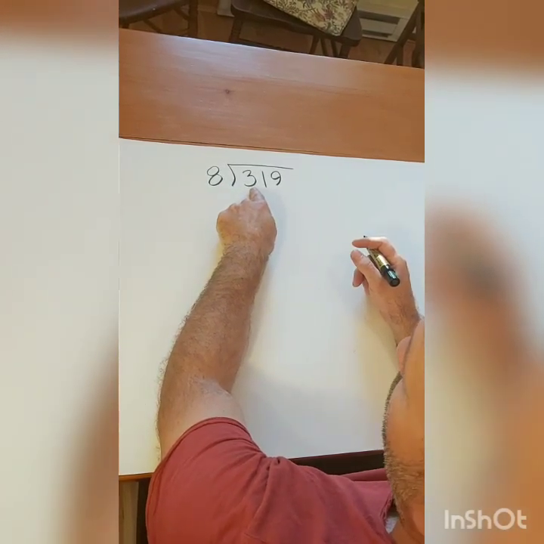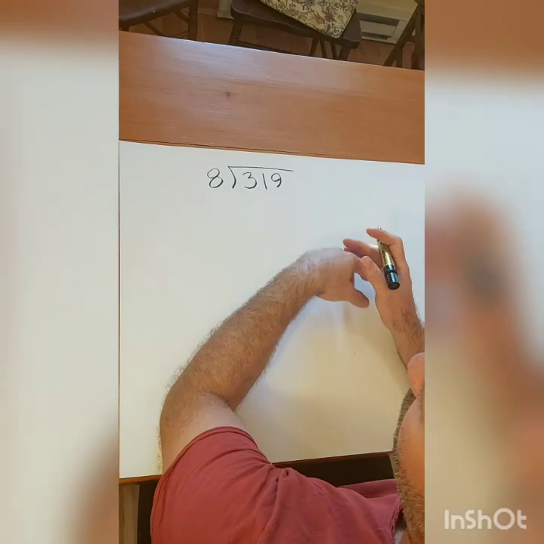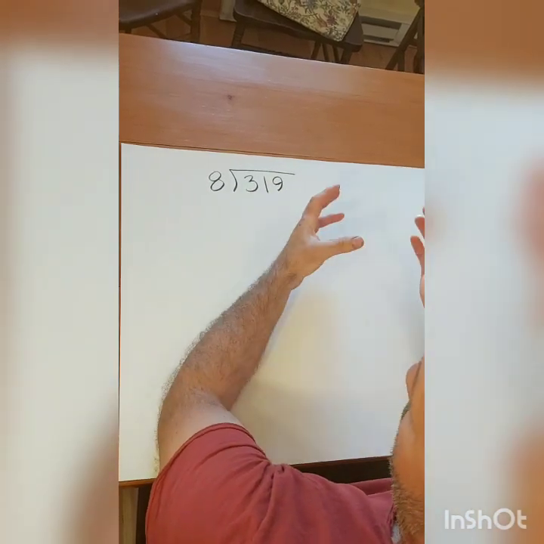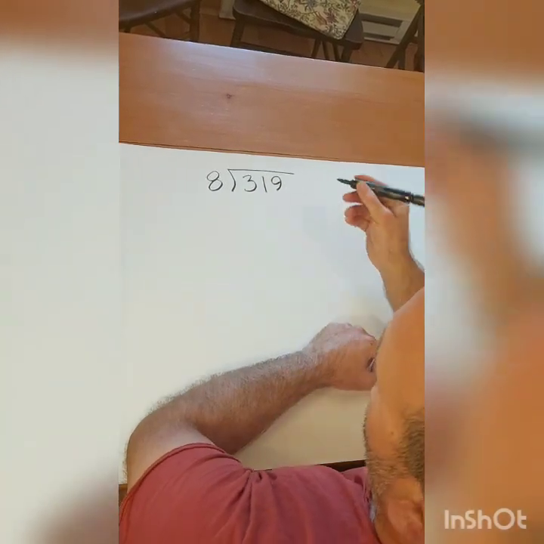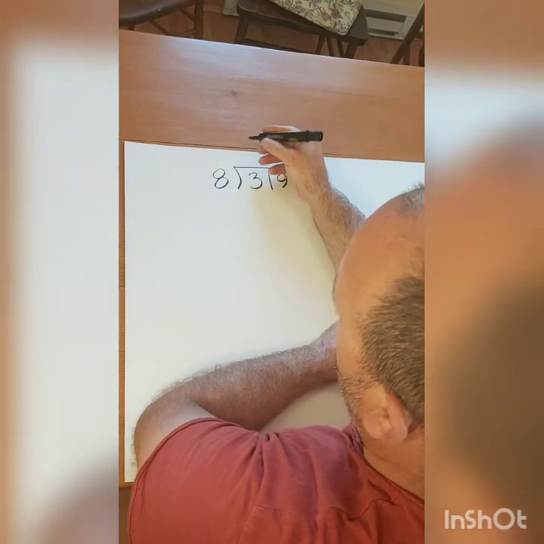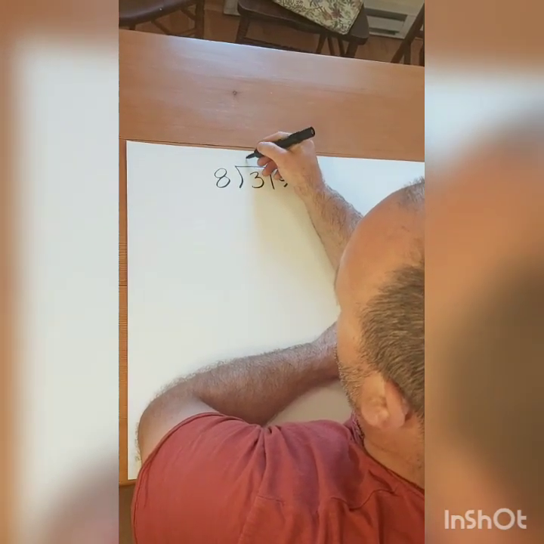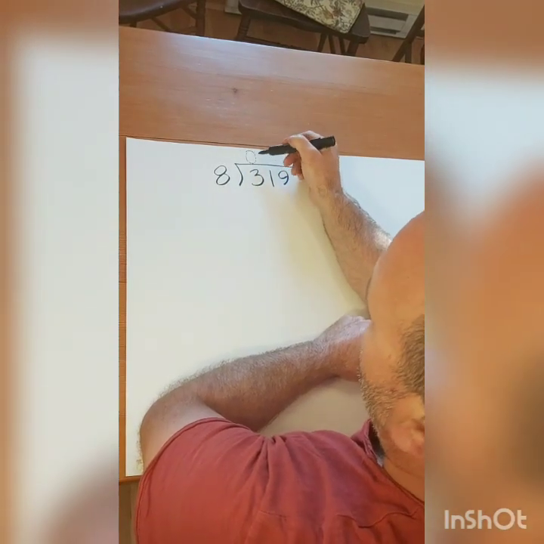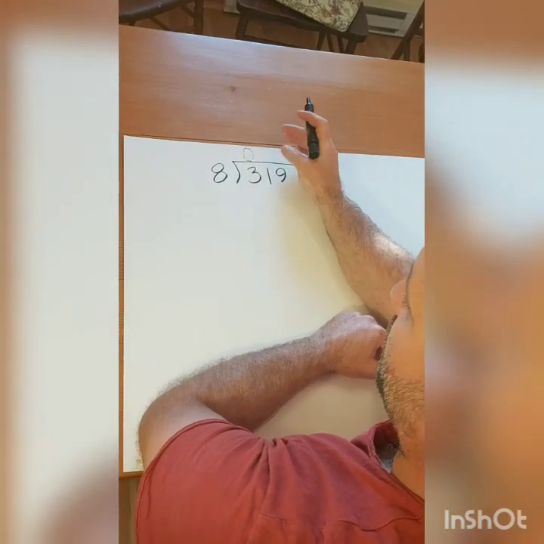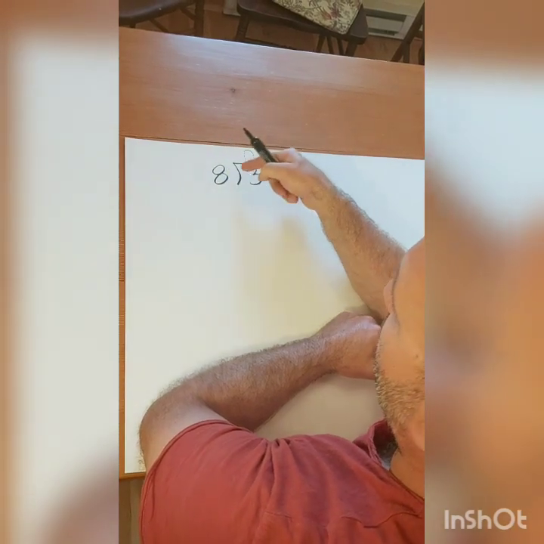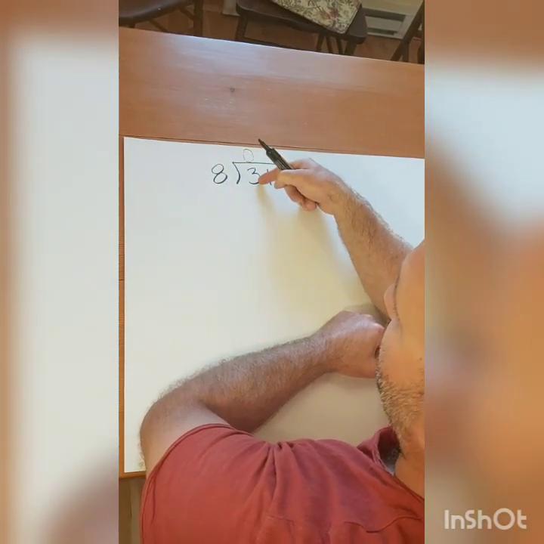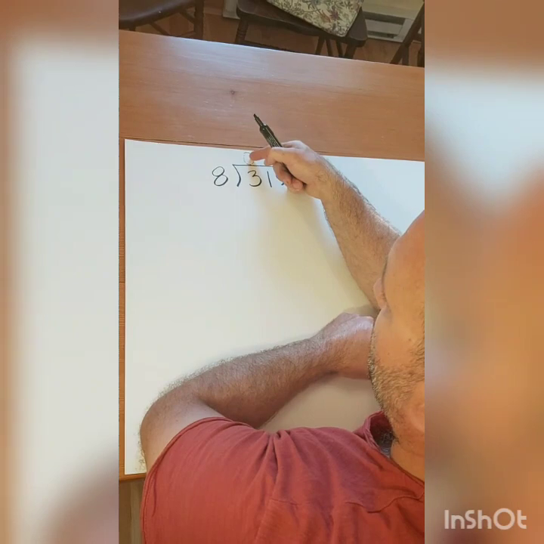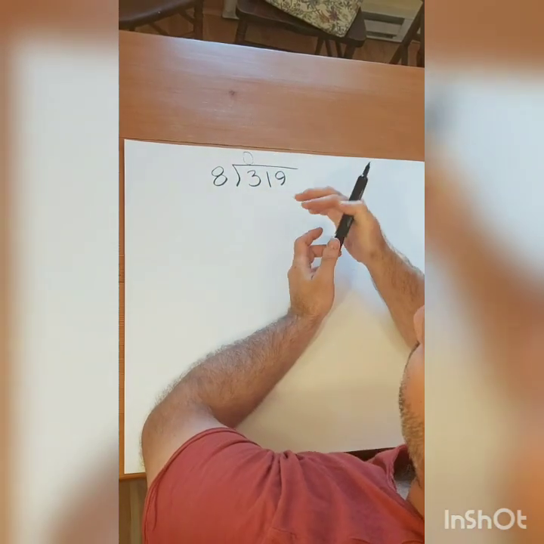The answer is no. 3 is not large enough to make into 8 groups that are wholes. So I start with a 0 up above. Now what's important here, and you'll notice I'm doing it in a dotted line because really it's not going to form part of an answer, but what it does show us is that we have attempted to divide 8 into 3. It's not possible. And we'll go on to the next question.